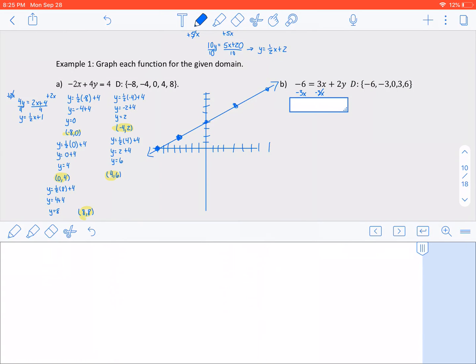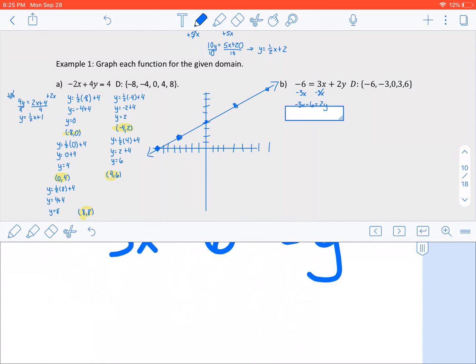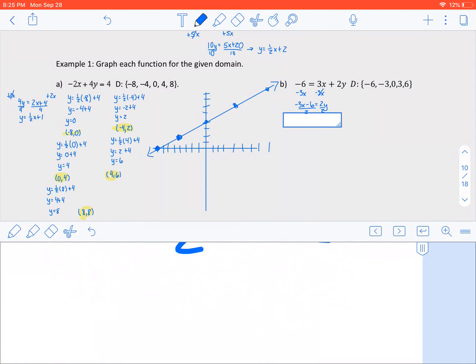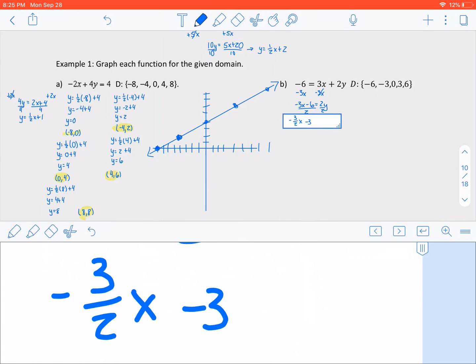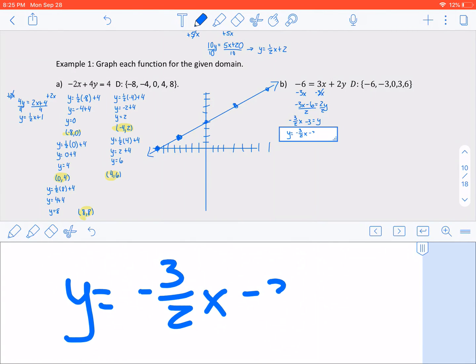I get -3x minus 6 equals 2y. Y is being multiplied by 2, so I divide by 2. What I do to one side, do to the other. So I get -3 halves x minus 3 equals y. I'm going to rewrite that. So y equals -3 halves x minus 3, just so y is on the left side.